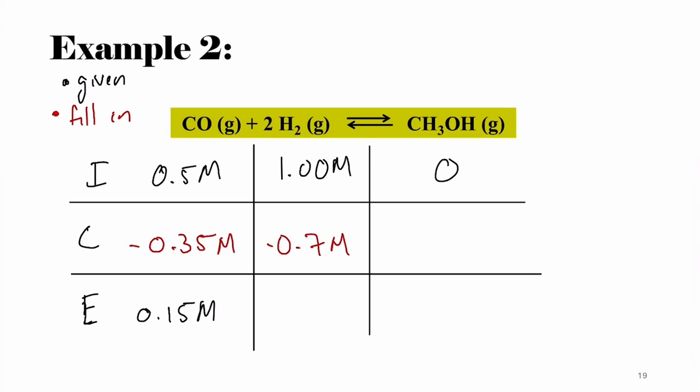It's the same thing as when we do conversions and determine limiting reactant. If we use 1 mole of this, we can convert that into how many moles of H2 we use, because for every 1 mole of this we use 2 moles of this. Those are the conversion factors we get from our balanced chemical equation. It's the same idea here, we're just skipping the intermediate steps and writing that this was 2 times what we lost of carbon monoxide.